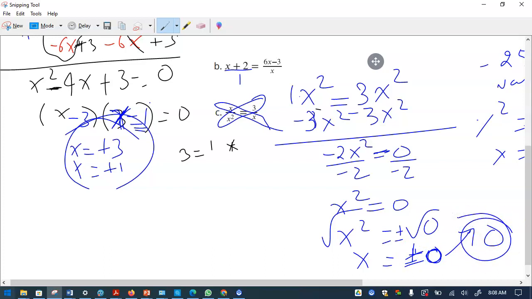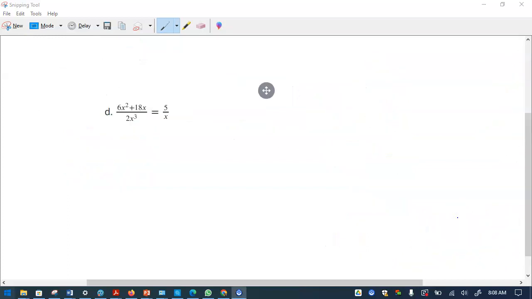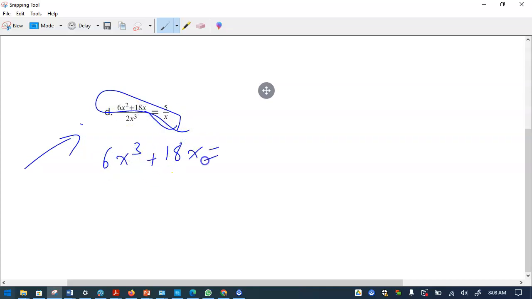And the last one, oh, there are 3, so I'm done with those. How do we do this part? The same thing: you multiply these two. When you multiply x by 6x squared, it becomes 6x cubed, and this will be plus 18x. And then on the other side, this will be 10x cubed.